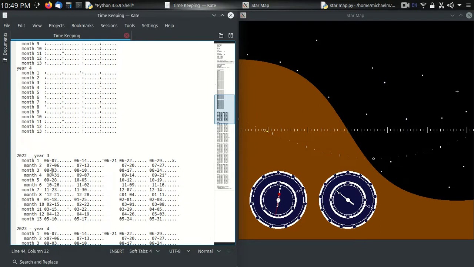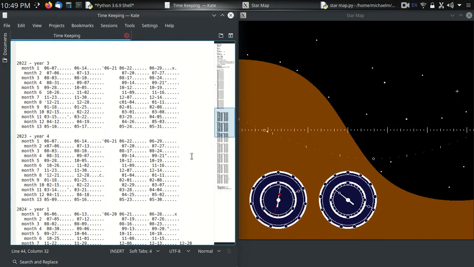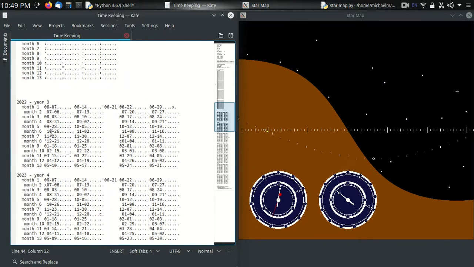So then I actually mapped it out for the next few years here. Because of that alignment to the Gregorian calendar, we are currently in year 3 of the cycle. I have it so the dots are indicating individual days, the ticks, and then the date starting the week is what's noted.